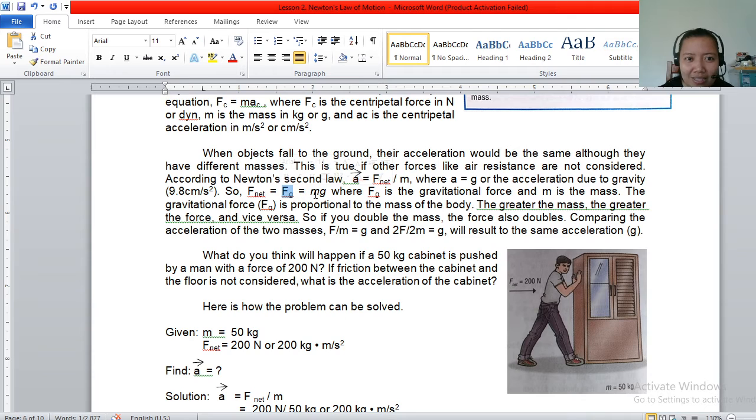Comparing the acceleration of the two masses, force over mass is equivalent to gravity, and then two forces and two masses is also equal to gravity. This will result in the same acceleration, the gravity.